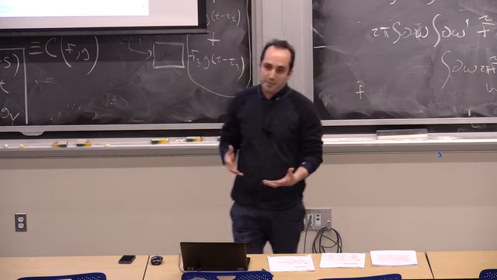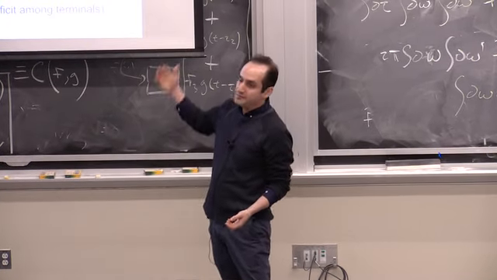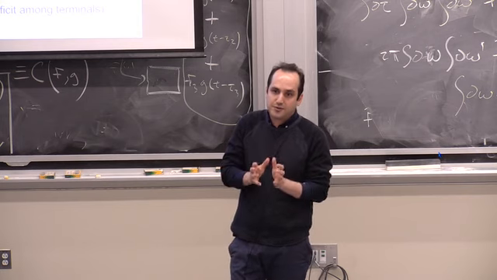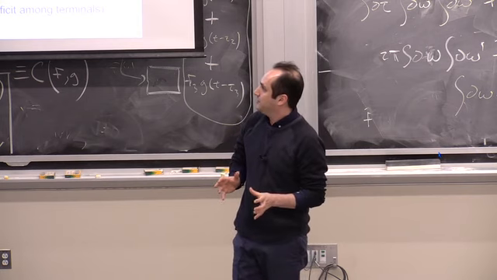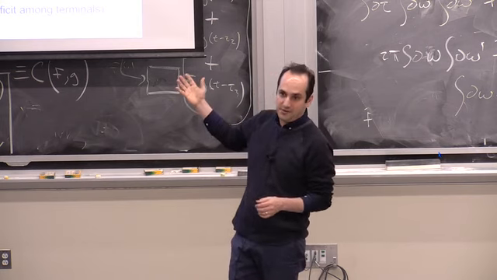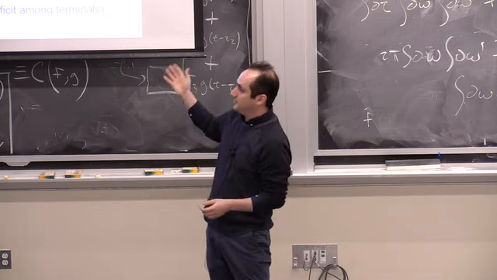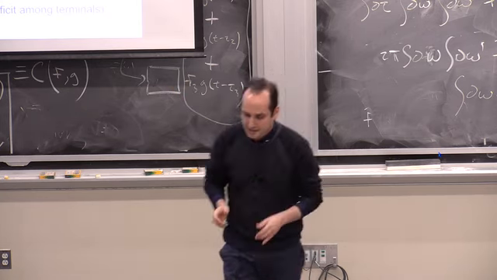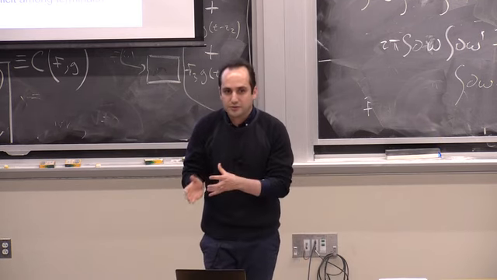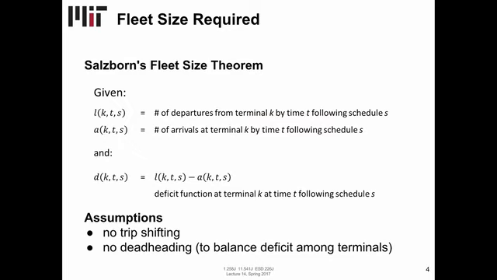The reason it's an upper bound is that it assumes we stick to the original timetable, and we are not doing any trip shifting in this step to accommodate trips that are conflicting by a few minutes. The other assumption is that we are not allowing deadheading trips to balance the deficit among the terminals.